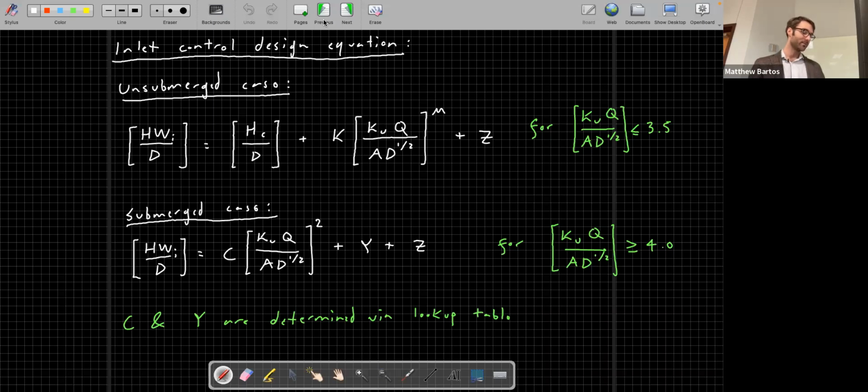Oh, actually, sorry, that's incorrect. A is the full cross-sectional area of the culvert barrel. Sorry, it's hard to know sometimes with these empirical equations what they actually mean. But yes, A is the full cross-sectional area of the culvert barrel, unless it's a square or another shape.